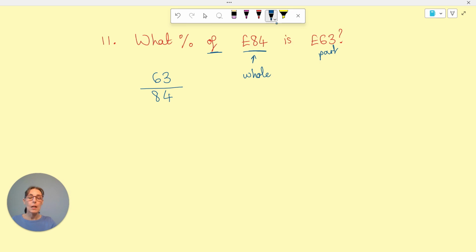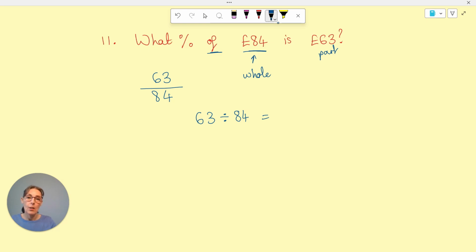Now, do on your calculator 63 divided by 84. Give me the answer. I know I won't be able to hear it, but you can shout. So let's do 63 divided by 84 is 0.75.